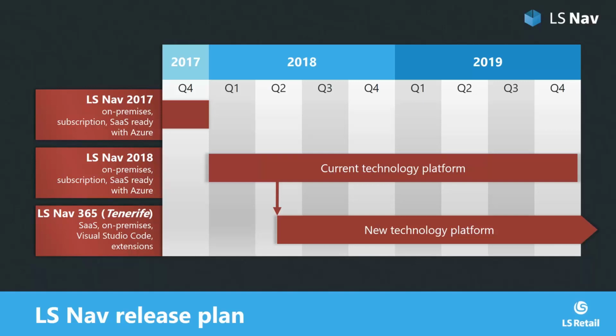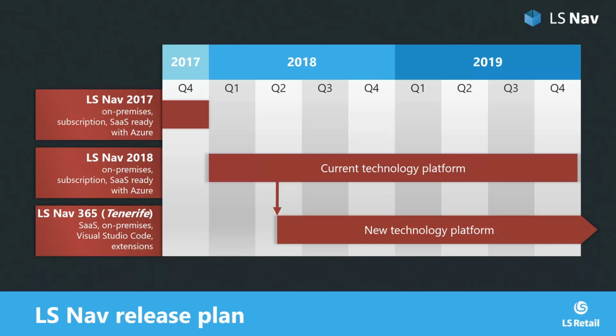If you look a little bit at our release plans, what are we doing? We're going from end of year 2017 to 2018. 2018 is going to be available, and 2018 is a platform, the current technology we all know and love, reliable, low-risk implementations.